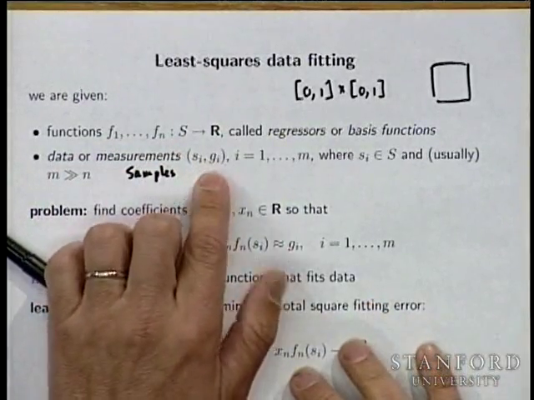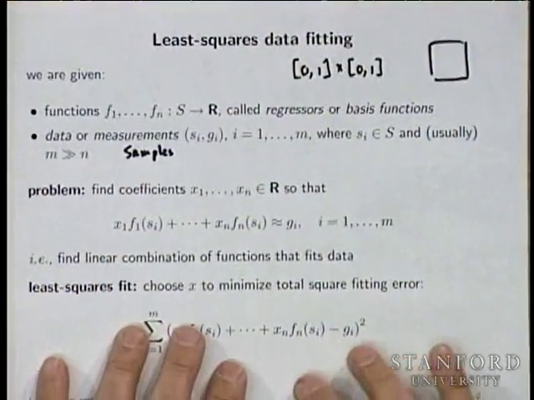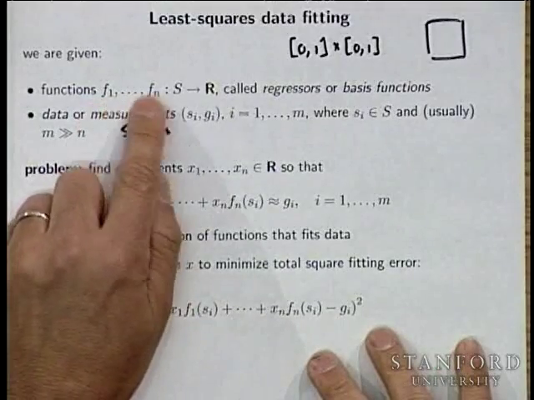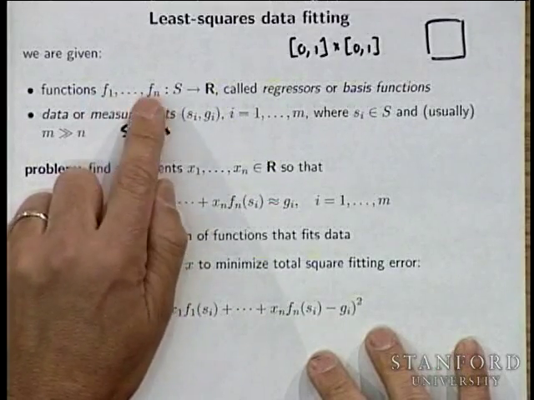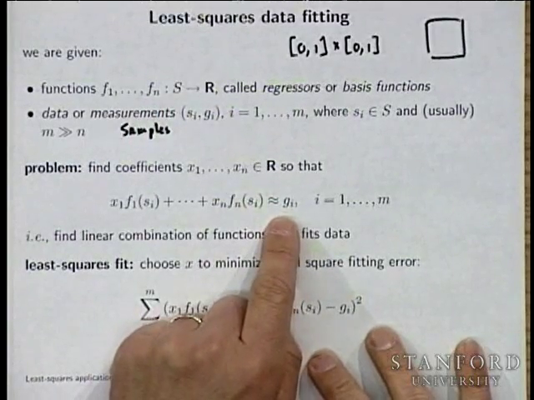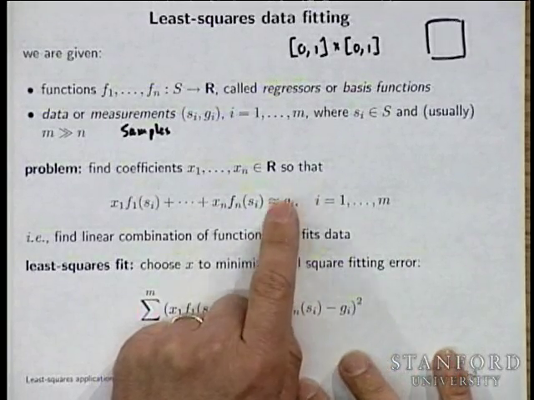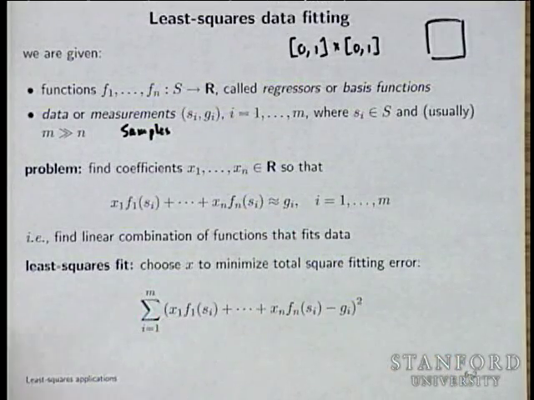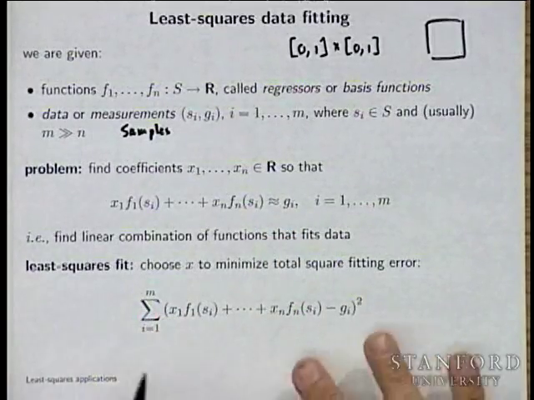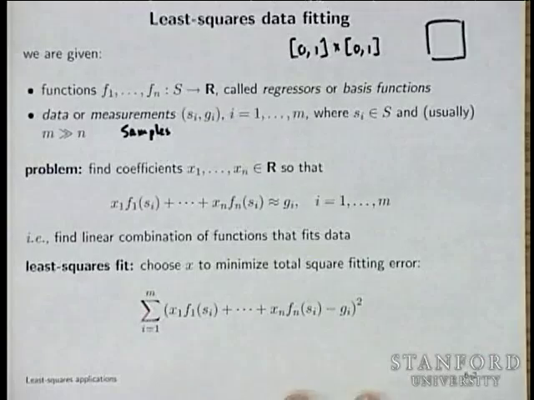So you're given measurements. That means you sample the temperature at some of these points. And what you want to do is form a temperature distribution, which is a linear combination of these temperatures, in such a way that it approximately matches your measurements. Now, we'll talk about the other regime, but in this case, we're going to assume you have a lot of measurements and not that many bases.